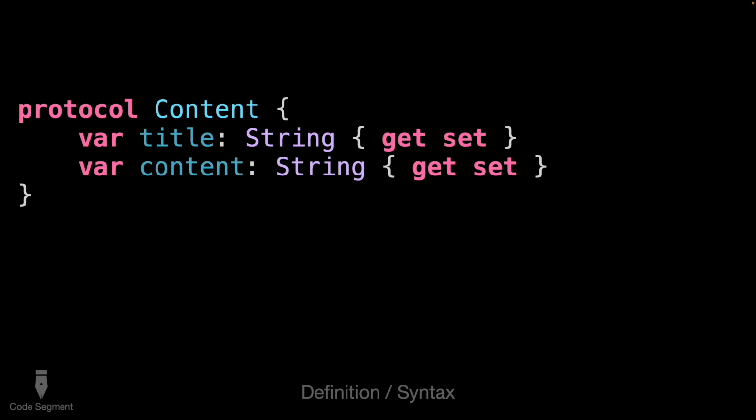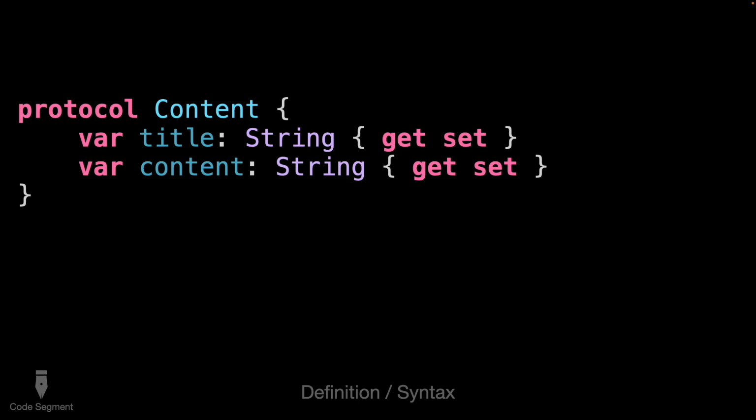So here we're going to say, okay, any piece of content needs to have the property title, okay? And it needs to have the type string, and you need to be able to get that property and set that property, okay? So what we're saying there basically is that this property needs to exist, it needs to be retrievable, and it needs to be modifiable.